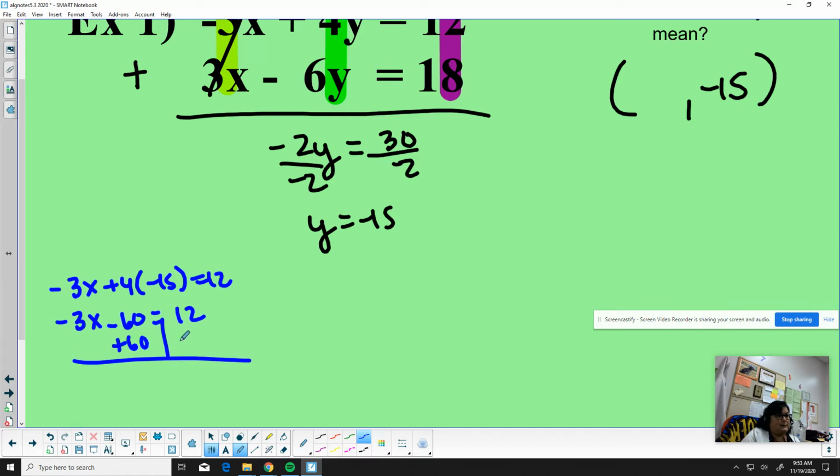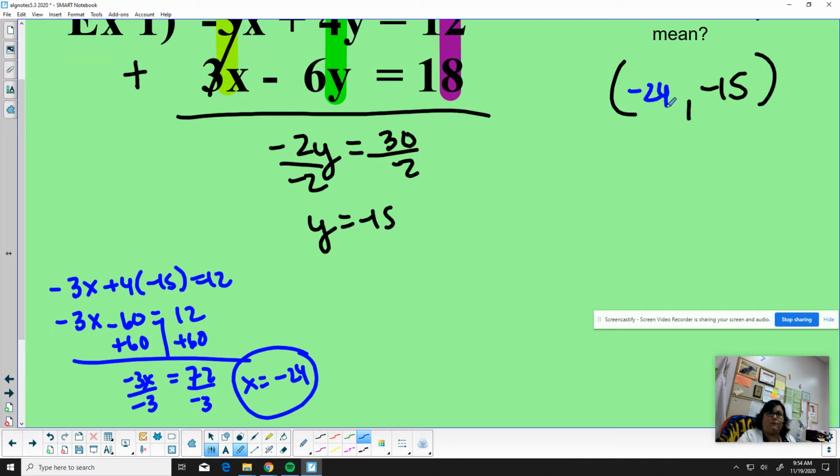I'm going to add 60 to both sides, which would be 72 on the right. And then I'm dividing by negative 3. 72 divided by negative 3 is negative 24. So negative 24, negative 15 is the solution to this system.